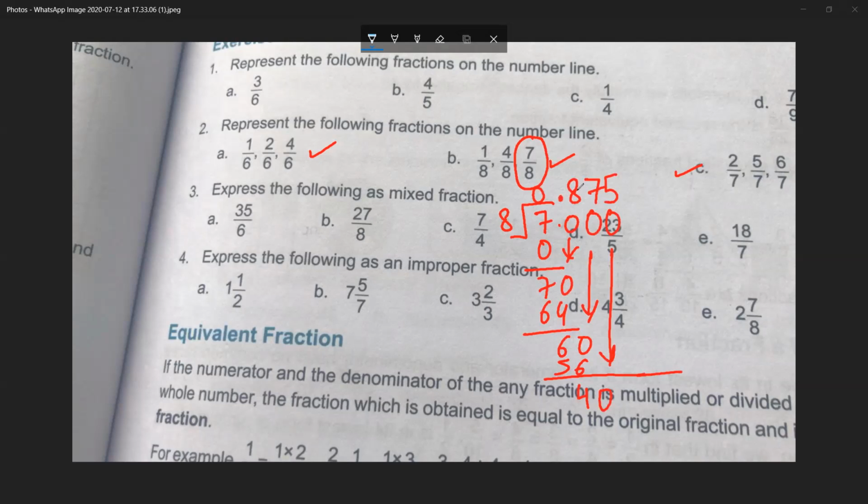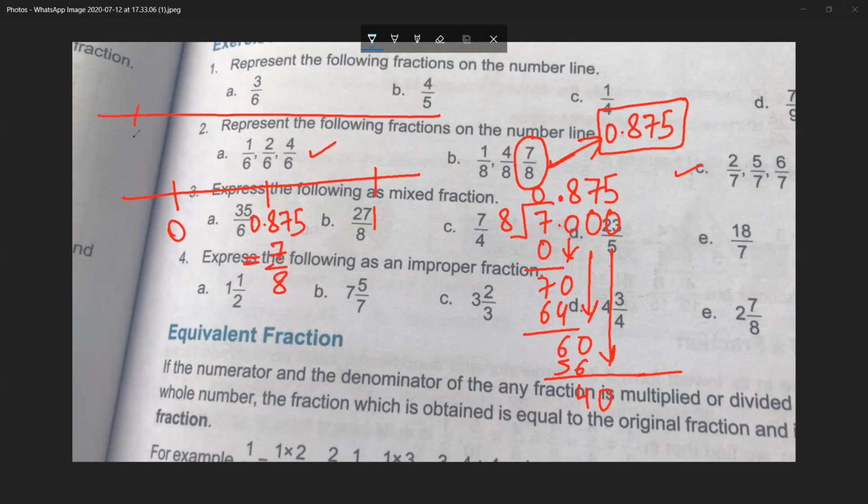So this is 0.875. So 0.875 will lie between what two integers? 0 and 1. 0.875 is equal to 7 by 8.